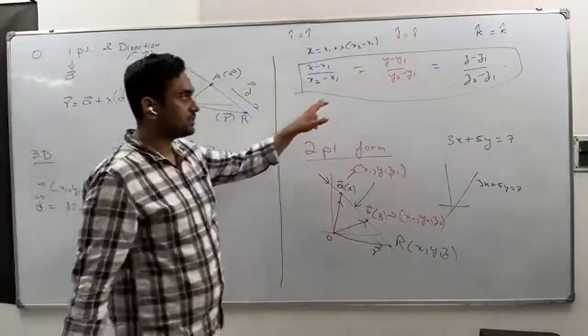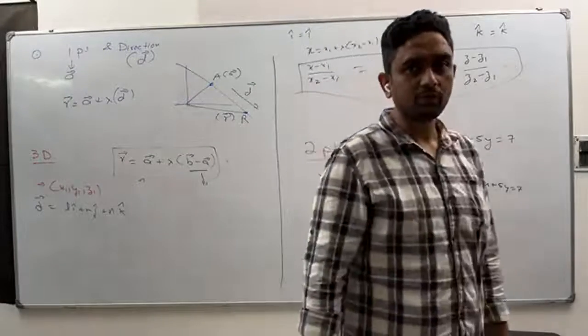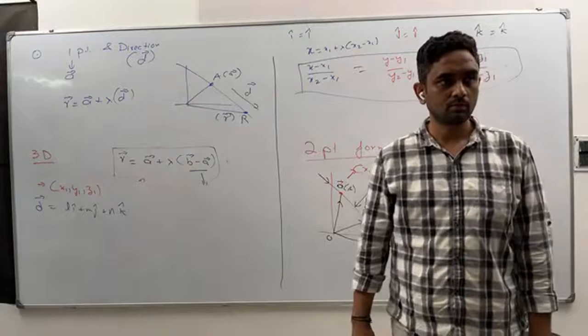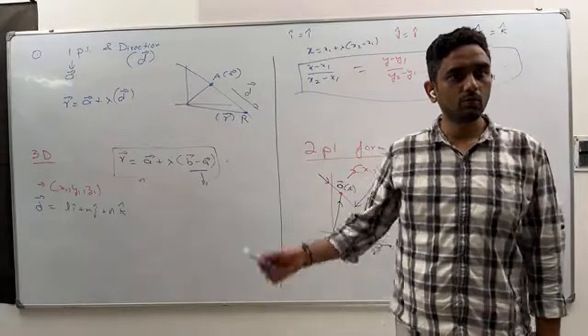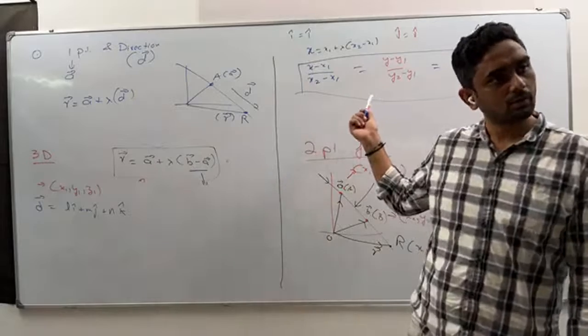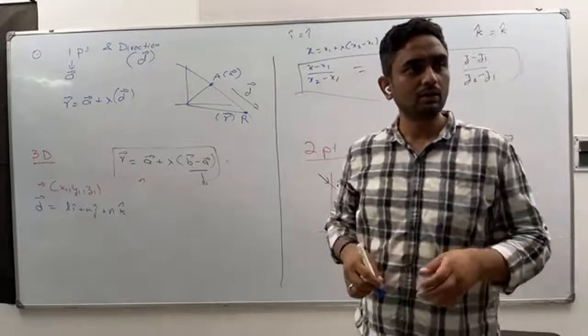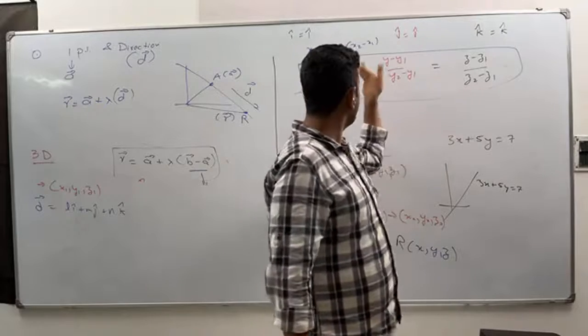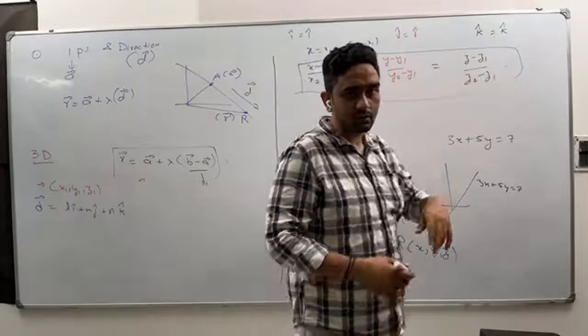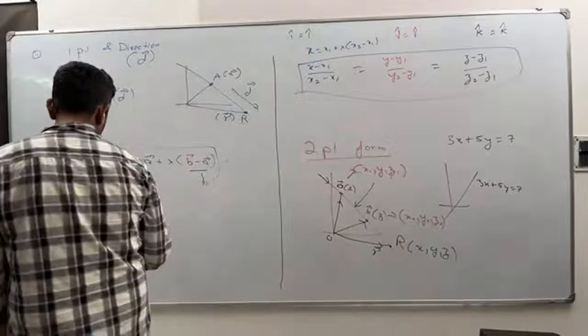Now earlier this was the equation of line. Now what should be the equation of line? See, we talked about it. (x minus x1) by L. See, what was the denominator? The denominator was the direction. And we are getting x1, y1, z1 already there. So if you compare it, it will be directly this.